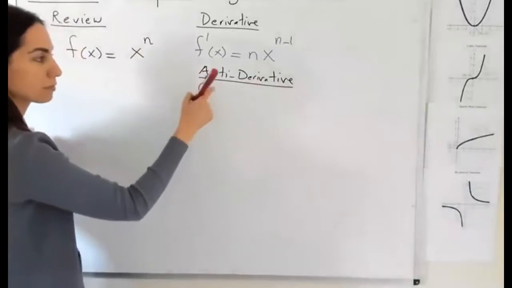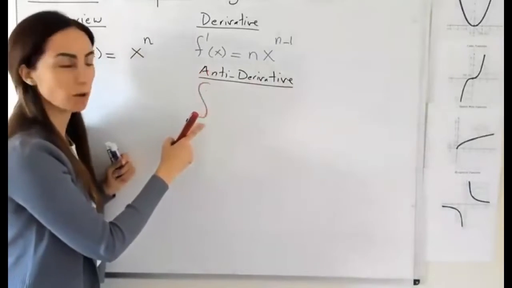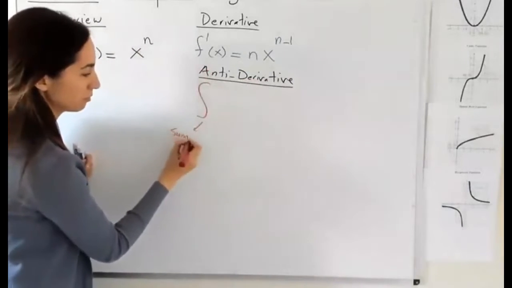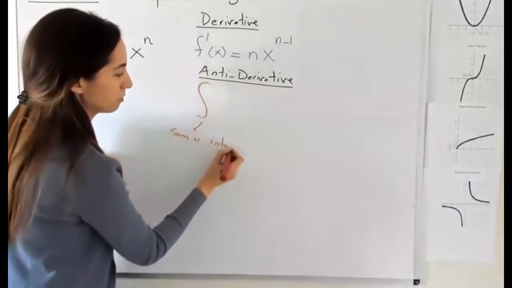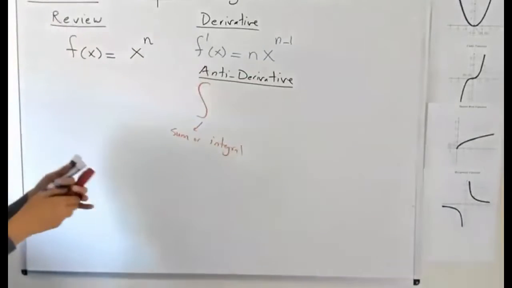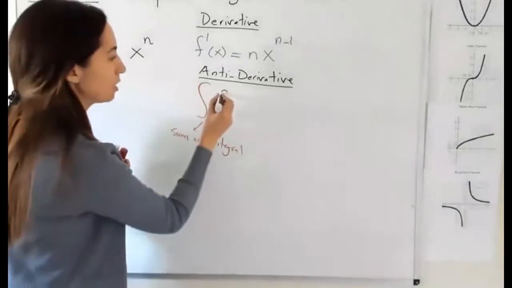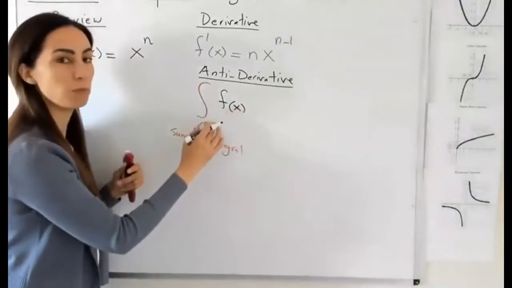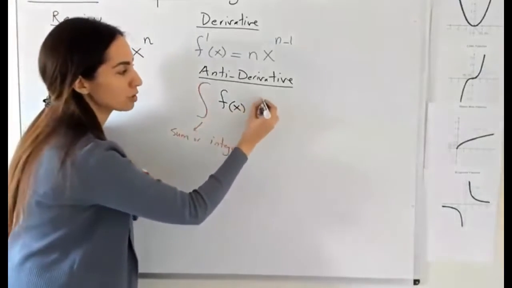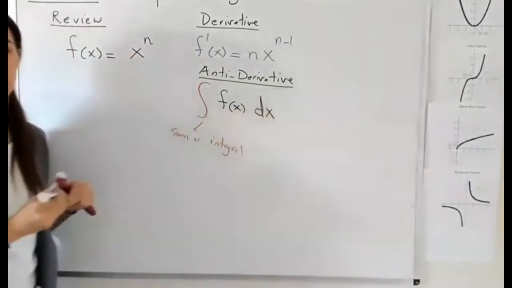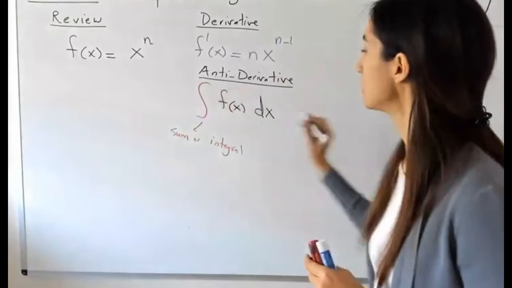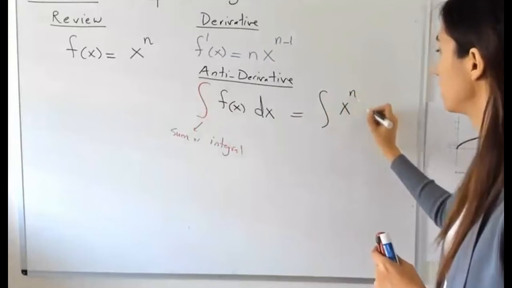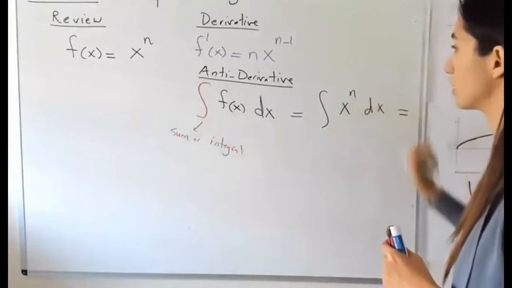Integral, this is the meaning of sum, or the integral. For function f of x, it's denoted by integral of f of x, and since you are taking the sum over variable x, you put dx next to it. So for this function, the integral or antiderivative of x to the n dx is defined this way.